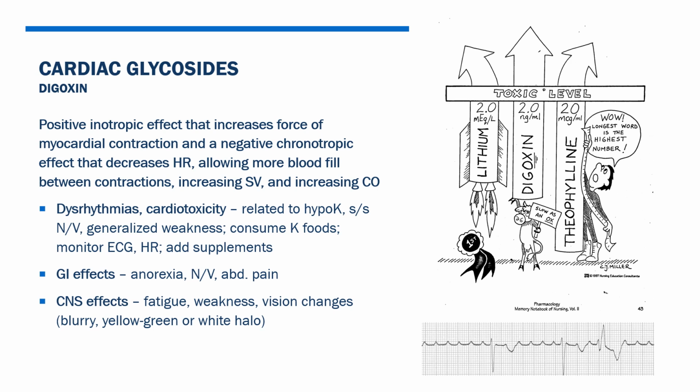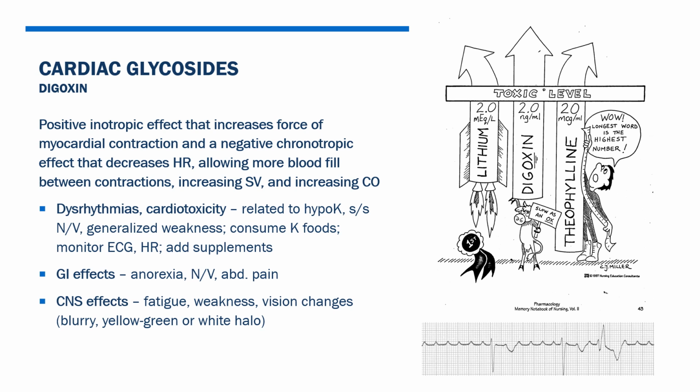We're going to monitor their heart rate and their EKG and potentially put them on supplements. So these people need potassium. If they have low potassium, this can cause these dysrhythmias, of course, and increase their likelihood for cardiotoxicity. Okay.